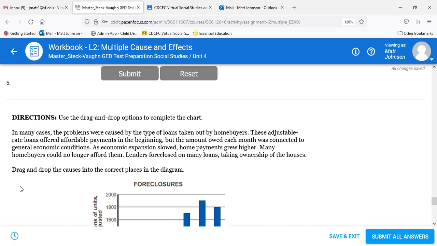So that was the era of the subprime loan. That is a loan that you get when you don't have a great credit score, your FICO score is low, and there's a high risk that those types of loans do not get repaid, subprime loans. So the interest rates are really crazy.